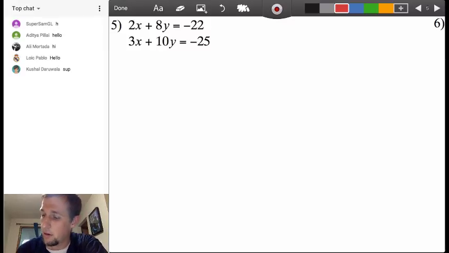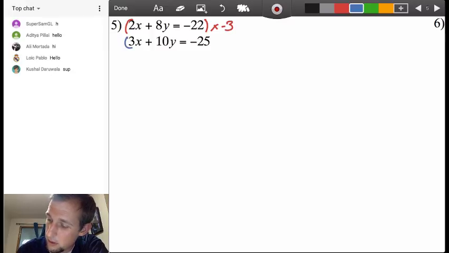You can multiply these equations by whatever number you want, as long as you multiply everything in the equation by something, okay? So I'm going to multiply this top one by -3, and I'm going to multiply this bottom one by just +2. Almost wrote -2, just +2.